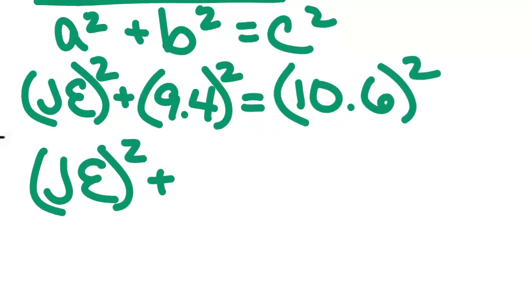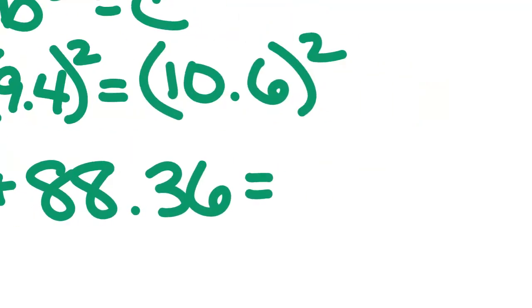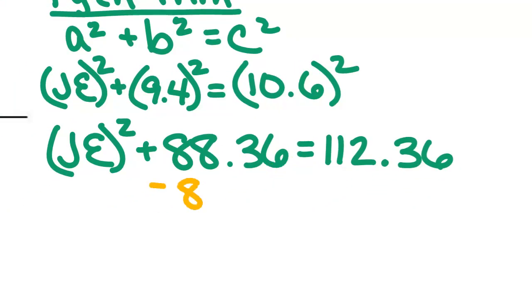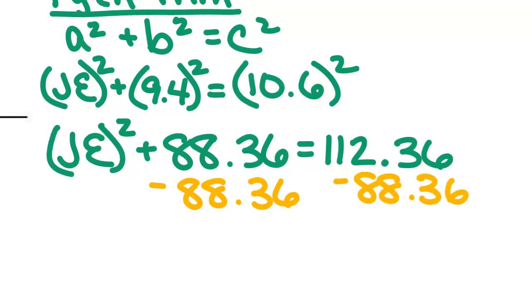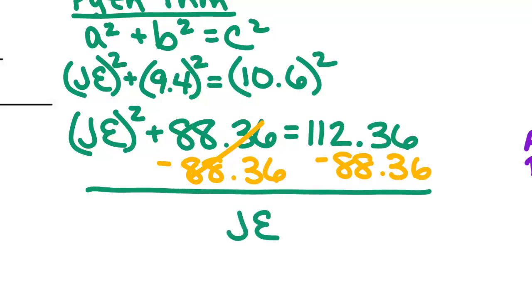9.4 squared is 88.36. 10.6 squared is 112.36. Then I subtract 88.36 from both sides. So I get JE squared equals 24.